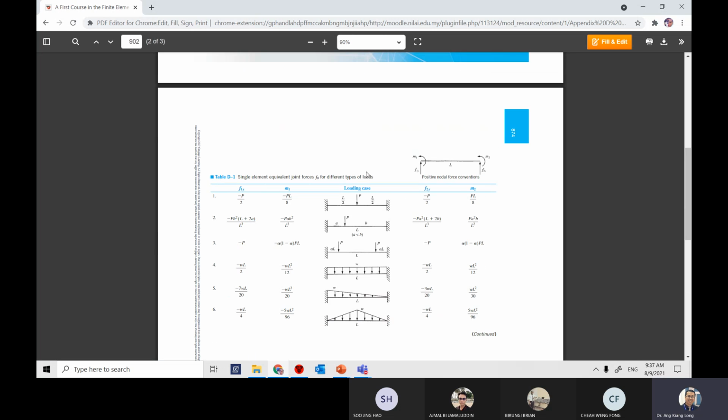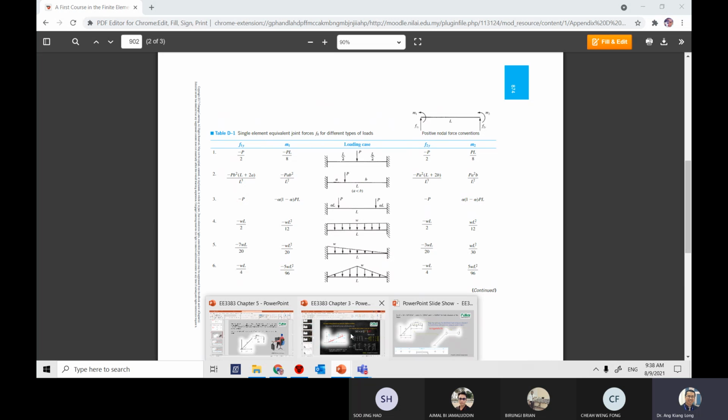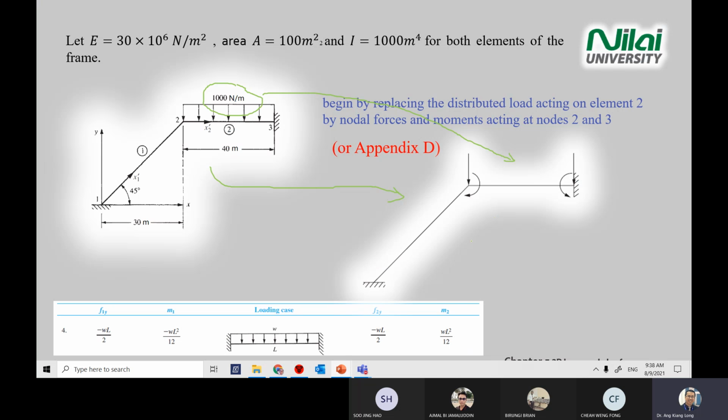Appendix D is something like this. So you can copy this diagram directly from the Appendix D, and then you put in the equation. All right. So in this example, I already converted the direction, and then the magnitude become positive.